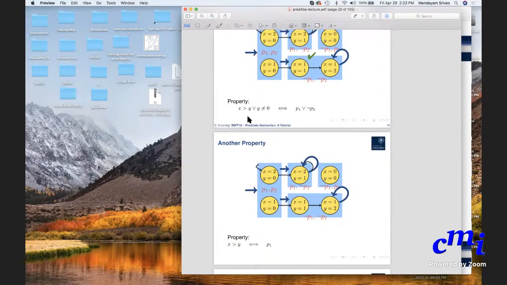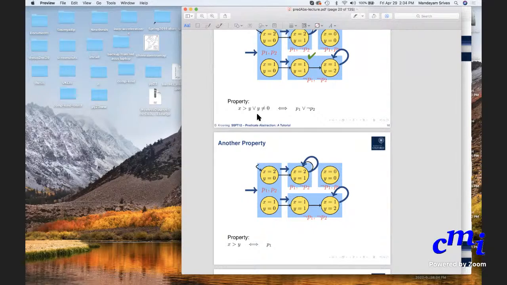But in the case where your property itself is a problem, usually the way this predicate abstraction is used is that all the atomic predicates in terms of which your property is defined are usually included. Okay, so the set of predicates usually contains all the atomic predicates, because otherwise you may not be able to precisely prove your property for the reason that I just now explained.